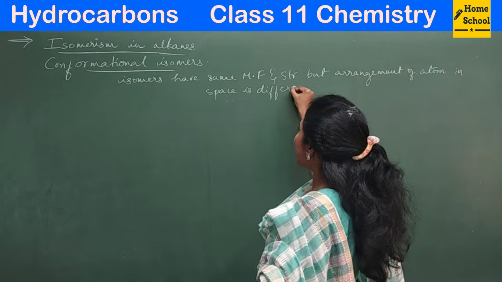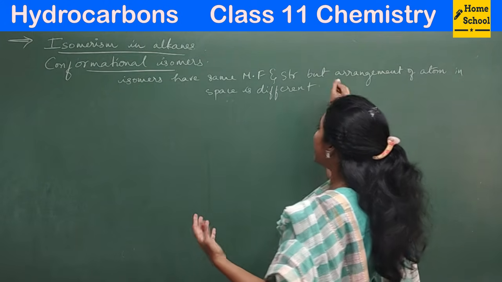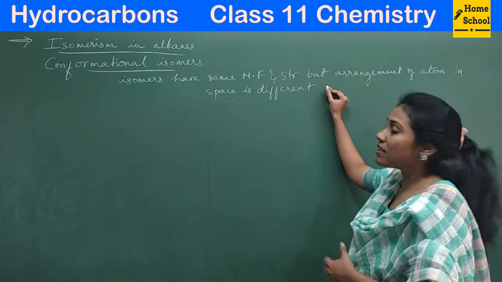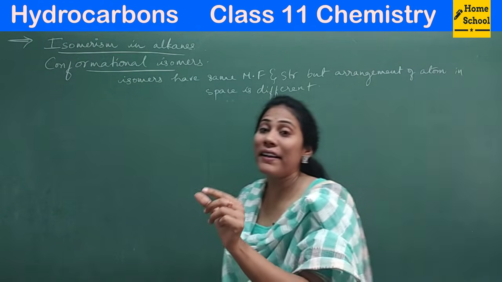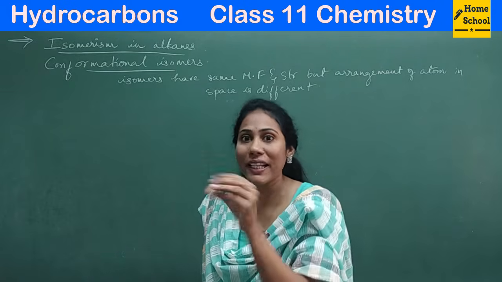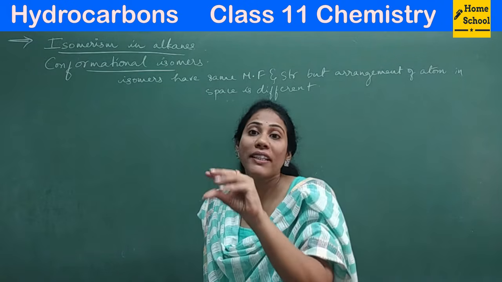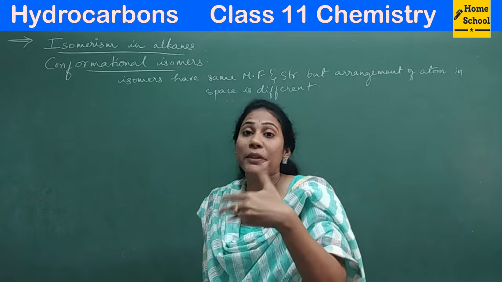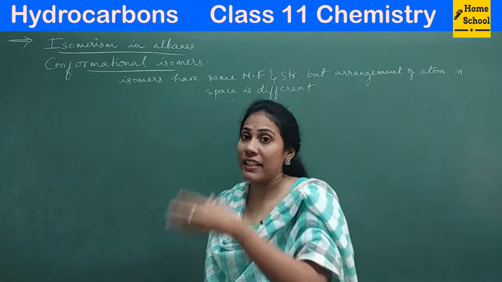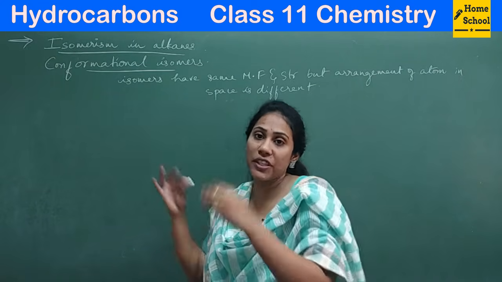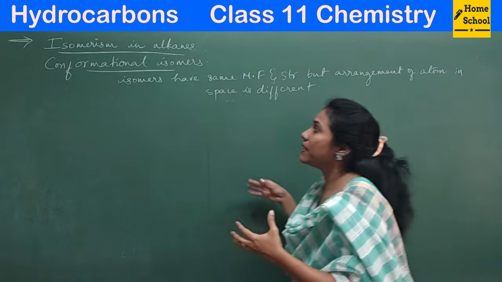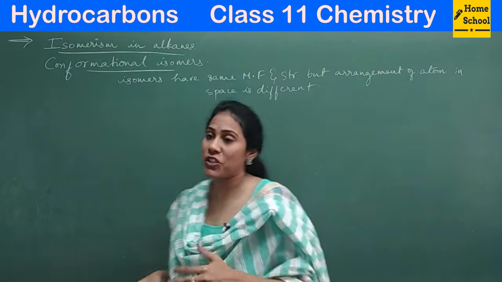Why does the arrangement of atoms in space change from time to time? It is because the C-C bond between the 2 carbon atoms can be rotated easily. That bond can be moved easily, so the atoms arranged in space will change their position. Those isomers are called conformational isomers.